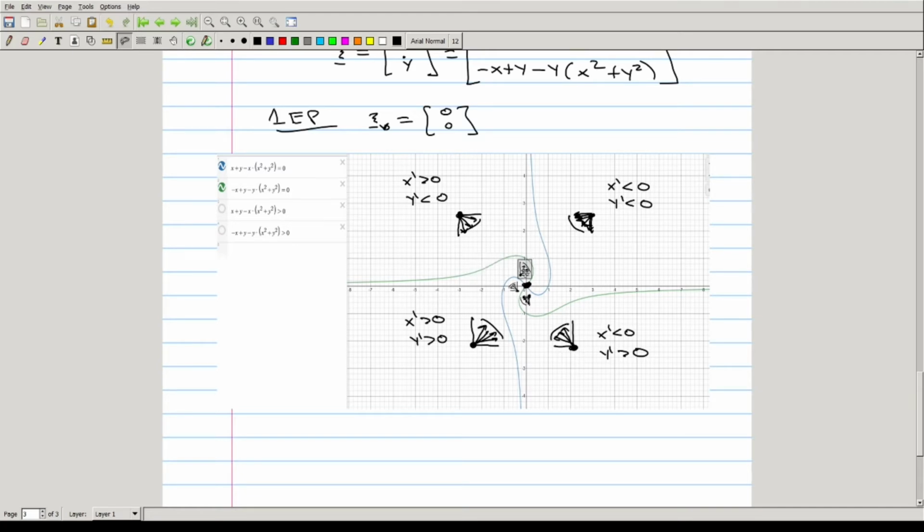If I go right here to this point, these are the directions that have to hold for the solution. And lastly, if I go to this region right here, these are the directions that have to hold for the solution.